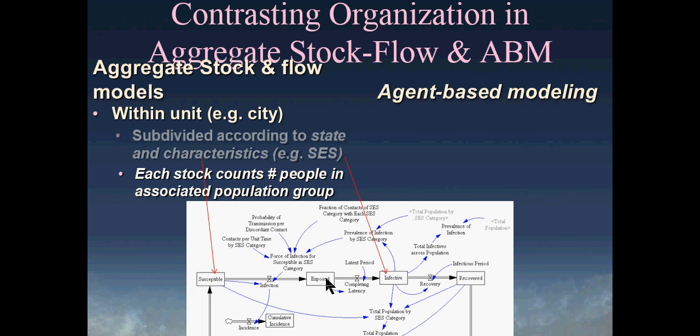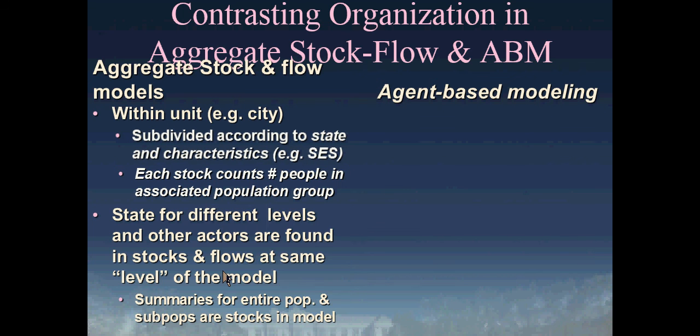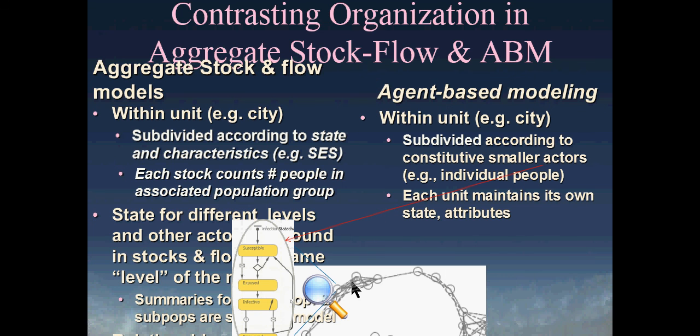We'd organize the model by that. That would be kind of our structural units of the model. And then for each of these categories, the data that we would maintain, ladies and gentlemen, is the number that are in each of those stocks. Okay? The number who are susceptible, the number who are infected, etc. System dynamics: we organize the model by state. We structure it by state is another way to put it. And we actually keep track of data that counts the number that are in a certain state.